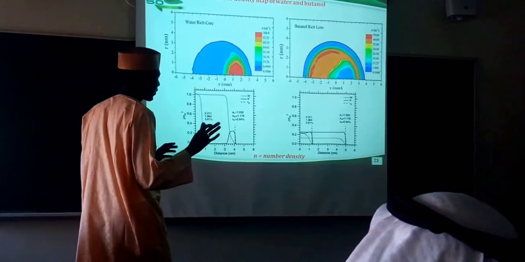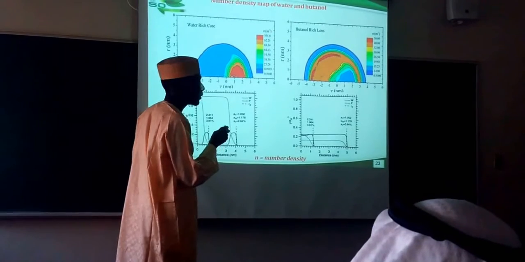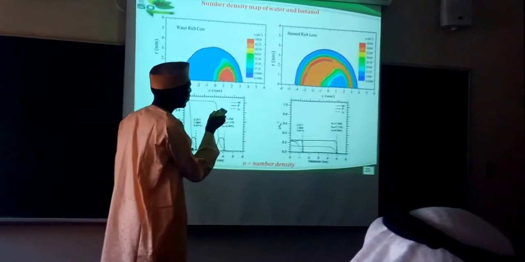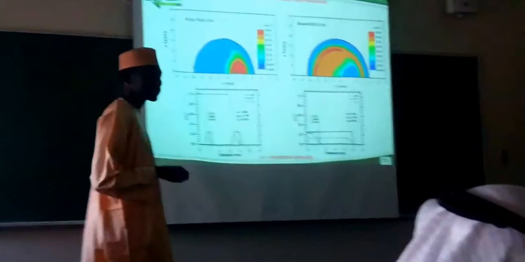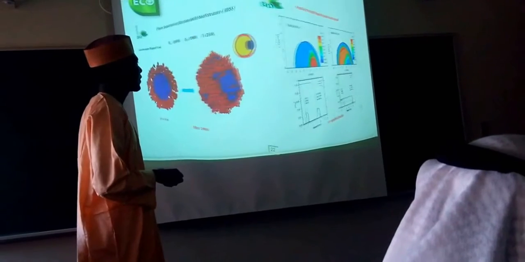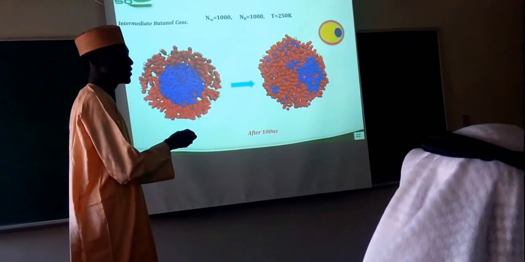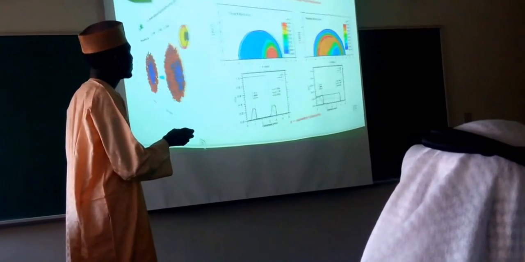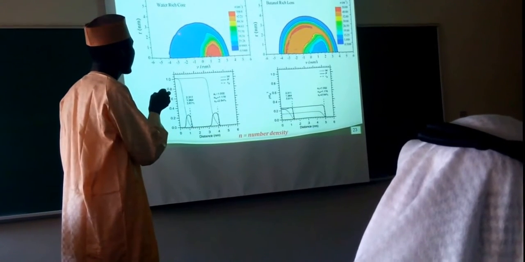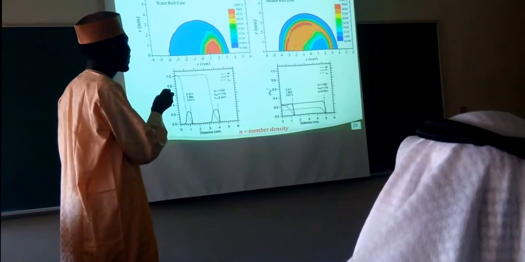You can see the green, the orange and the red here are regions of high density. And like you've seen in the previous figure, this is where the water is dominating. So you will see here, the water is more dense here and less dense in this area where the butanol is dominating. So this is the water-rich core.